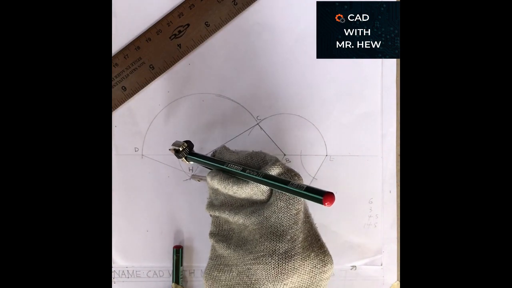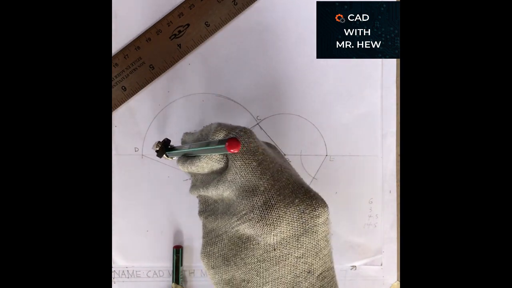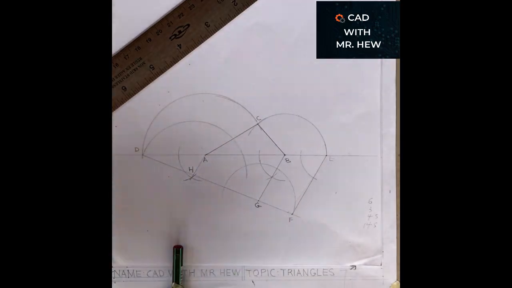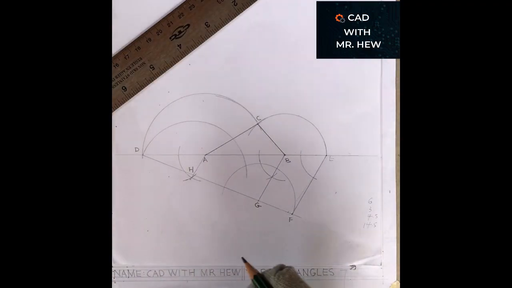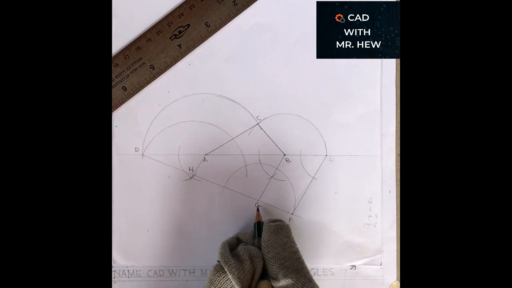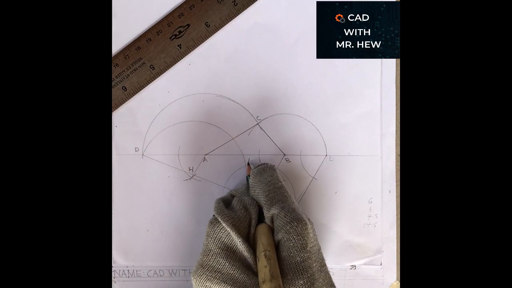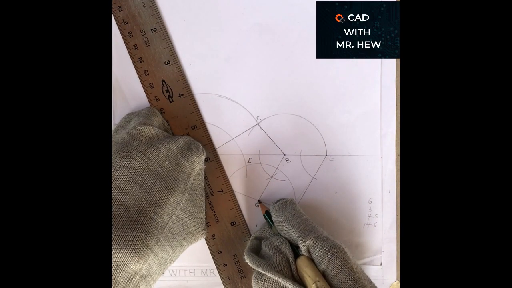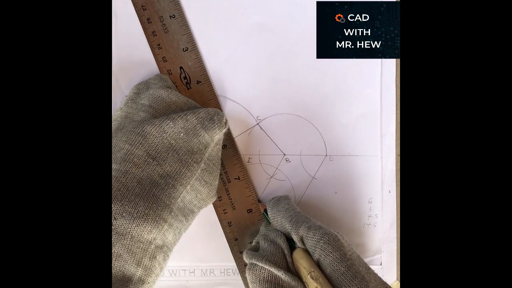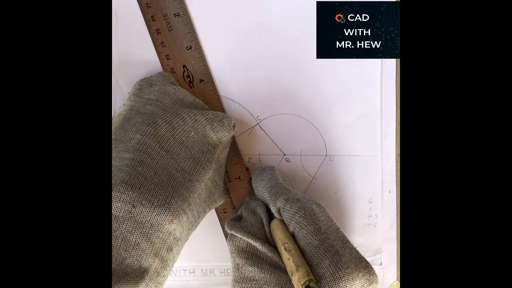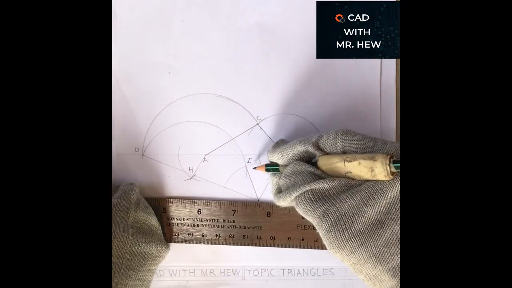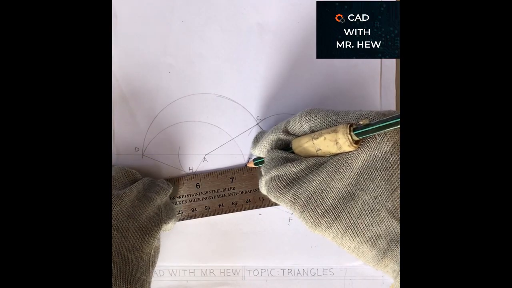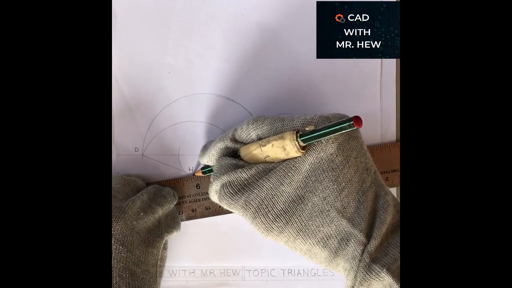We're going to put the compass at H, radius D, and we're going to mark an arc to intersect the arc which we drew in the previous step. Where those two arcs intersect, this is I. We're going to join I to G and I to H using our ruler and pencil.